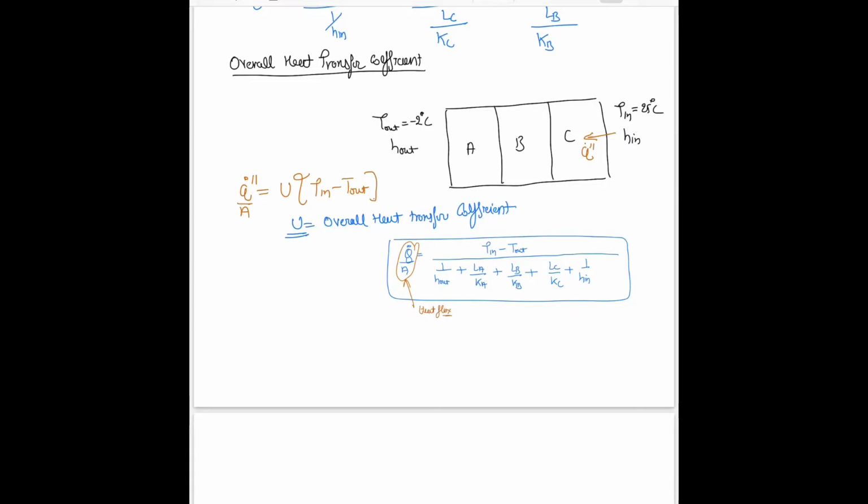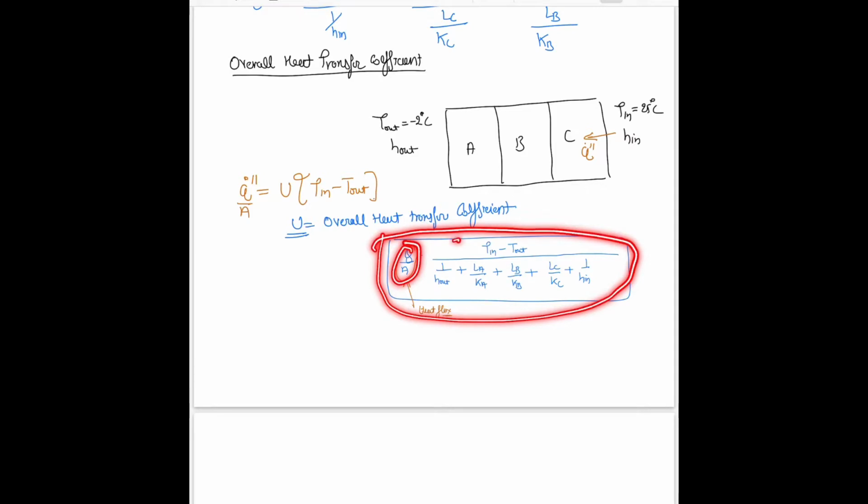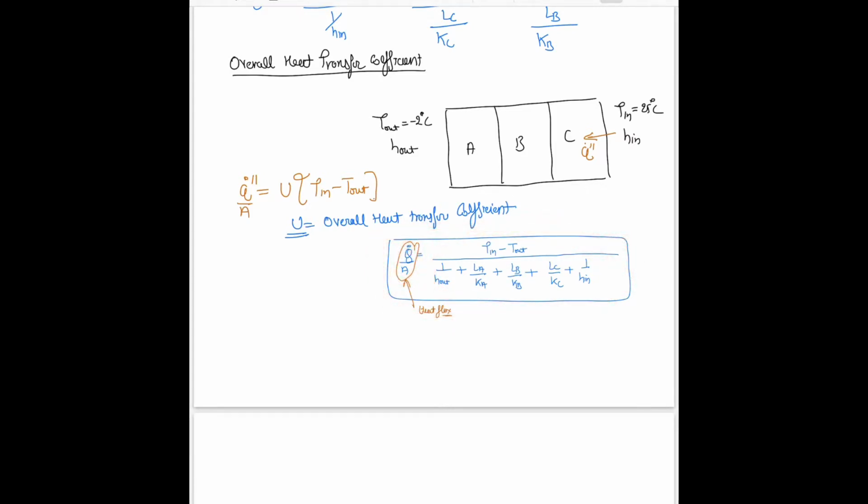Now from the previous section, we know we have a heat flux, Q by A, written in this fashion, and this heat flux is the same as this heat flux, so we will equate these two: U times T in minus T out equal to T in minus T out divided by 1 by H out plus LA by KA plus LB by KB plus LC by KC plus 1 by H in.